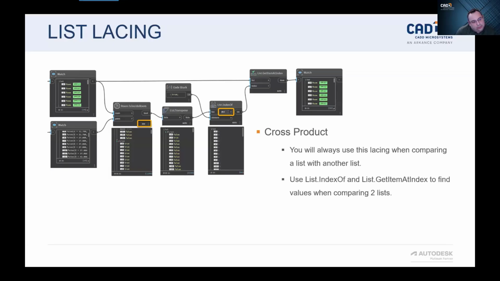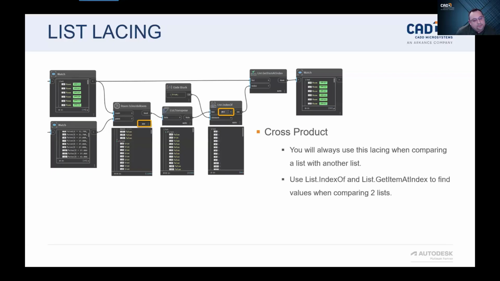And list level 2 is going to match the indexes of the first input, in this case, rooms. So at L1 is room 1, or level 2's index 1 is room index 1, and then the 0, 1, 2, 3, and so on match up with the points. So it's not randomly doing this.